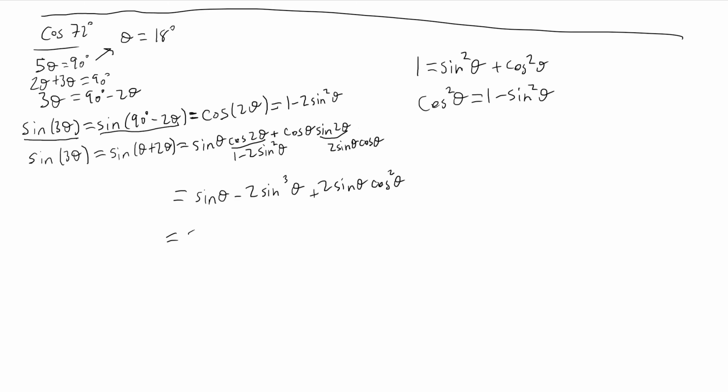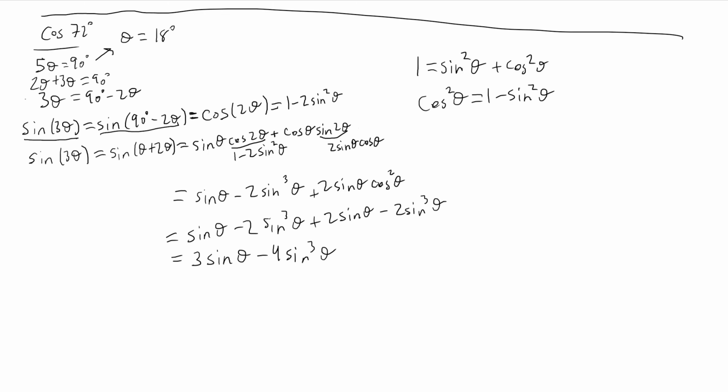And so I can do a little bit more rearranging of this. We get that plus 2 sine theta minus 2 sine cubed theta. So now we've got just sine thetas everywhere, and we get 3 sine theta minus 4 sine cubed theta.